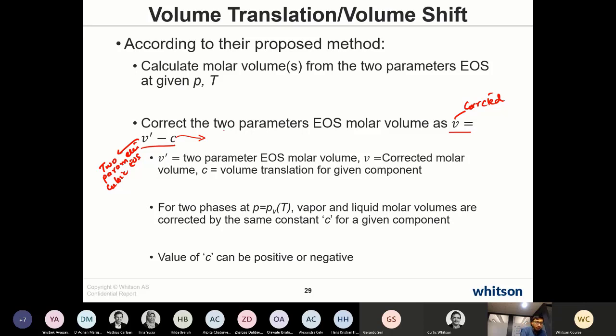That's why we were calling this a 2-parameter EOS, because it had 2 parameters, A and B. And now this is your third parameter, C, the volume translation, which is used for improving the liquid phase density. And it doesn't affect any phase behavior or vapor liquid equilibrium calculation with this Peneloux method.